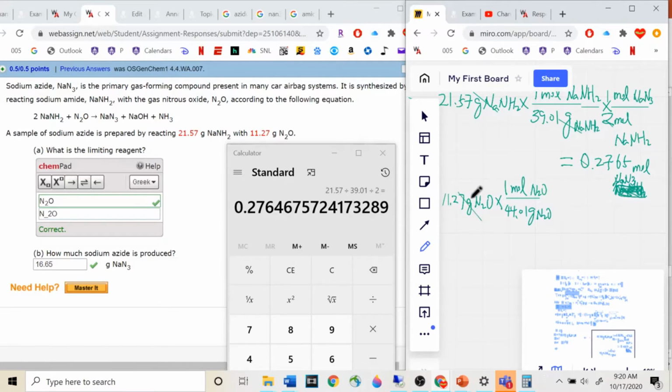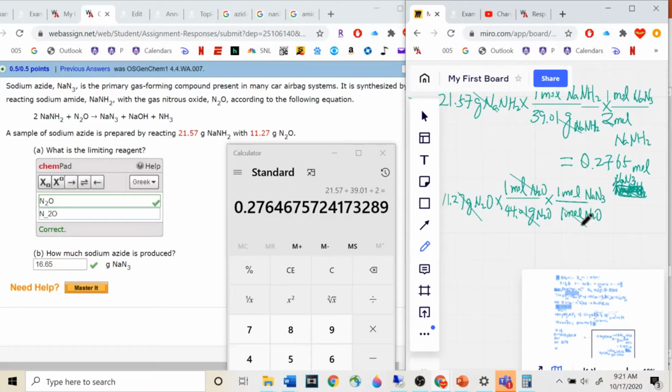Grams N2O, grams N2O are cancelled. And now we convert from 1 mole of N2O, if you look at this balanced equation right here, to also 1 mole of sodium azide. And now moles N2O are cancelled.